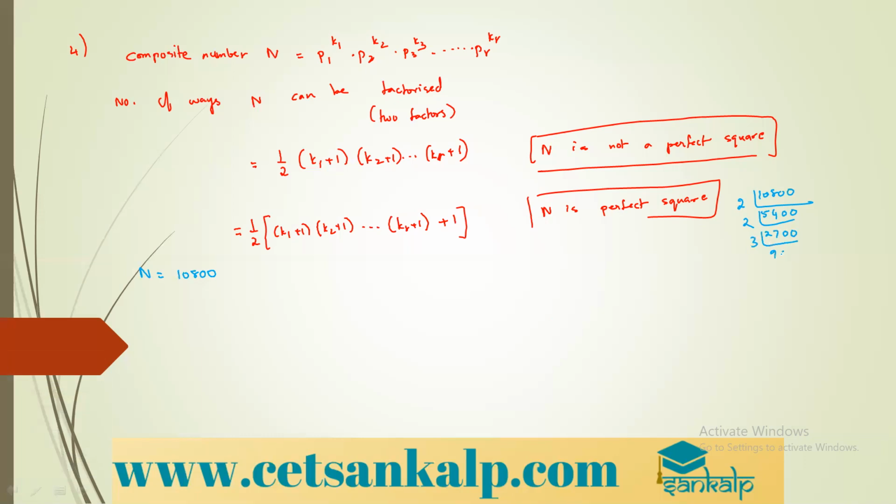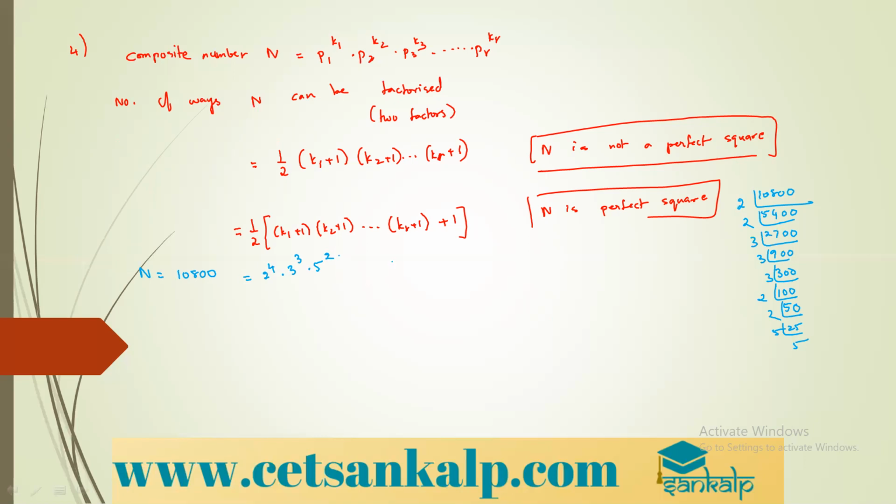Next 3 9s, 0 0. 3 3s, 0 0. 3 100s. Then again you can take 2. 2 5s, 0. 2 25s, 5 5s. So when you do prime factorization, you will have 2 power 4, 3 cube into 5 square.